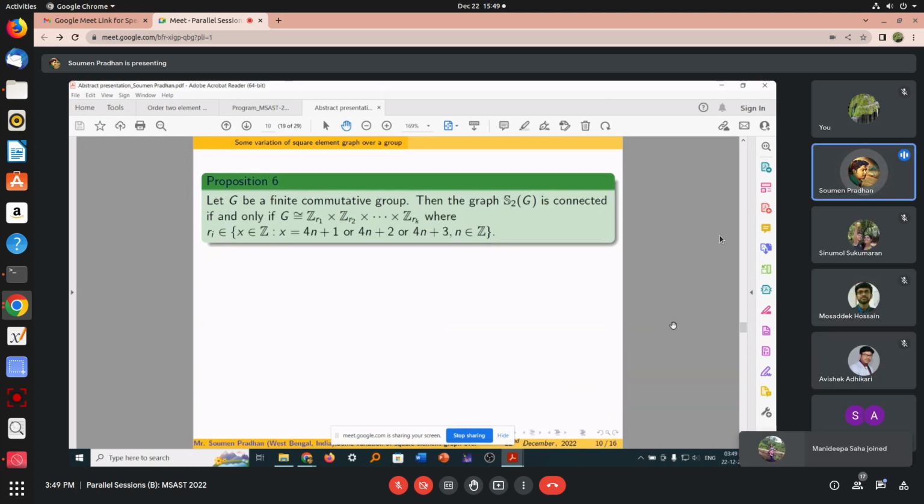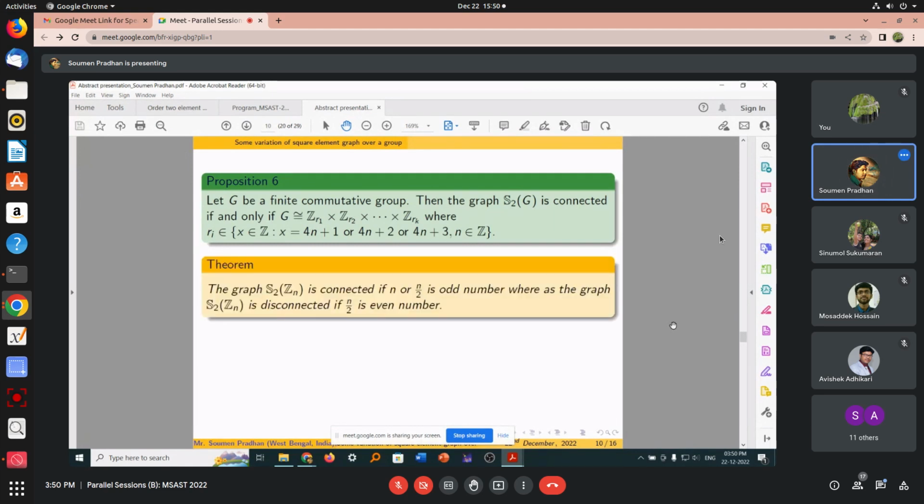And the next proposition states that for a finite commutative group G, the graph S2(G) is connected if and only if G is isomorphic to Zr1 × Zr2 × ... × Zrk, where each ri is of the form 4n+1, 4n+2 or 4n+3.